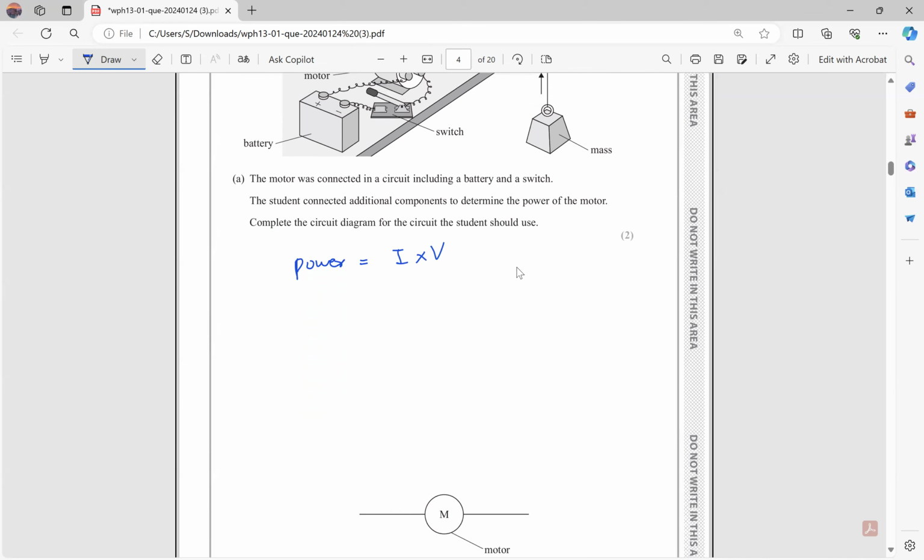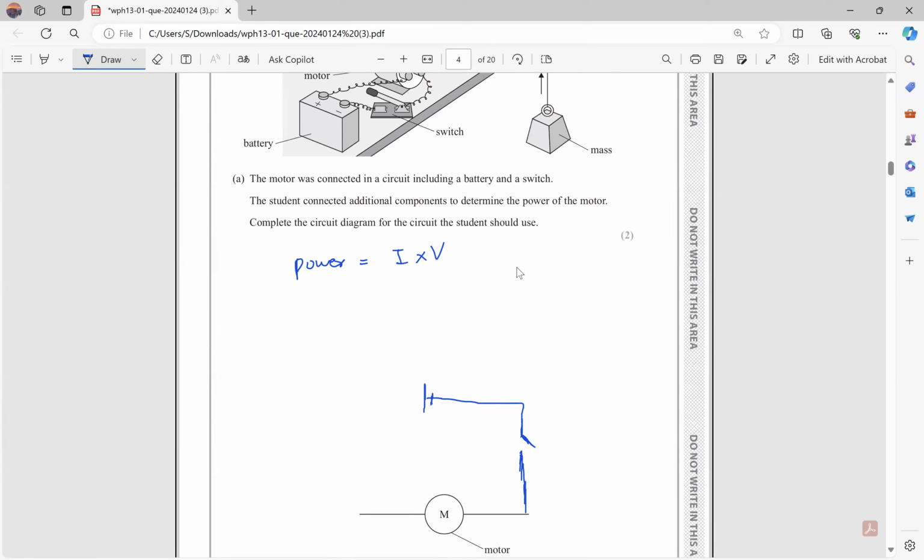They have provided some diagram to start with over here. This is the symbol for the motor. Let's draw the circuit, the things that we already know. We know there is a battery in the circuit, and we know there's a switch somewhere over here. This is our switch. Now I'll just connect it below.